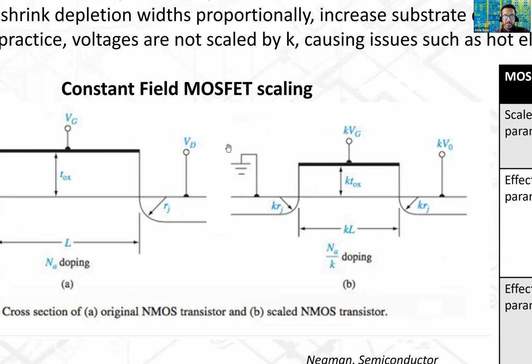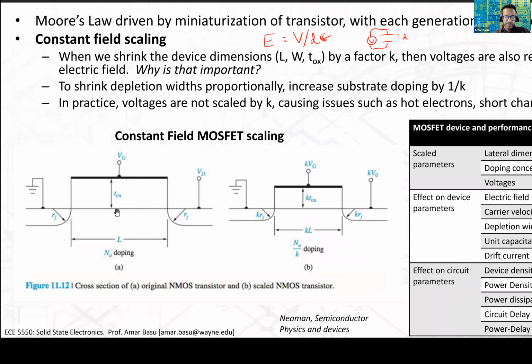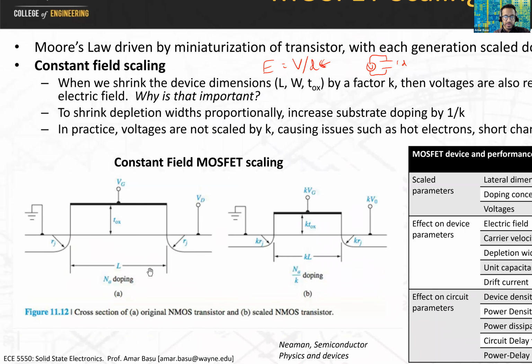So this is what the device looked like before. You have a certain thickness of the oxide, a certain length, certain doping. This is what the scaled device looks like. Notice that we have the scaling factor K. And that's what I mentioned. Each generation, in the golden days of the miniaturization, this K, you'd scale down by a factor of about 0.7.